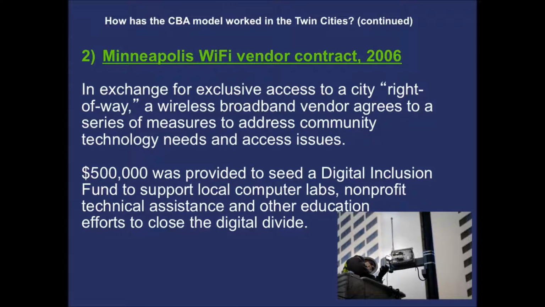Okay, here's an example of a community benefit agreement campaign that focused not on a development project but on a vendor contract. In 2005, the city of Minneapolis started to consider and put out a request for proposals for businesses to build what they described as a ubiquitous high-speed broadband coverage strategy using Wi-Fi signals.